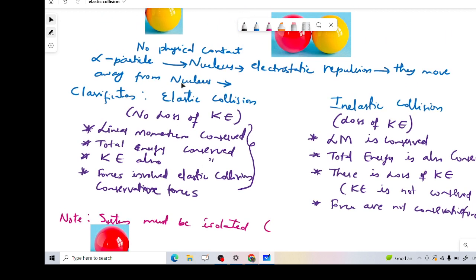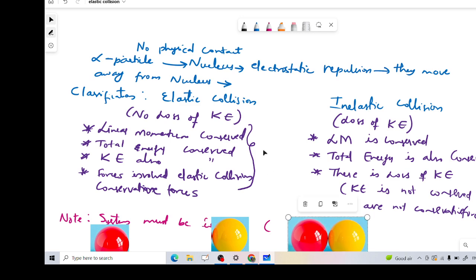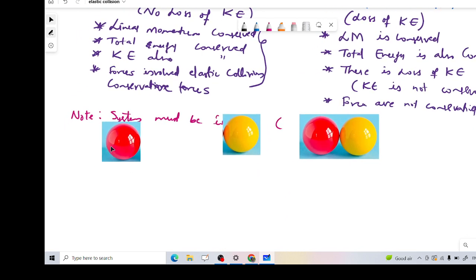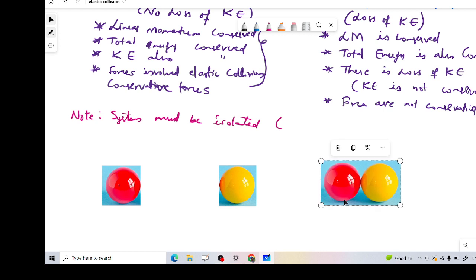To do this, I need to take two objects, and these two objects need to collide with each other. Today we will derive the expression for elastic collision in one dimension.